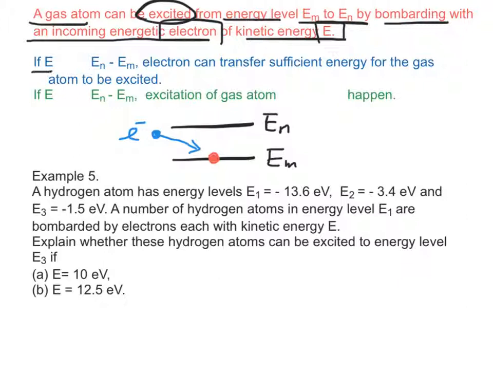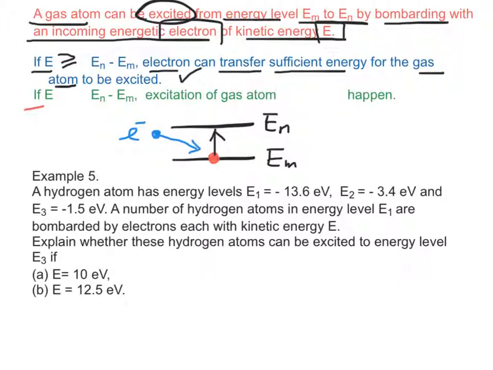if the kinetic energy of the electron is greater than or equal to En minus Em, then the electron can transfer sufficient energy for the gas atom to be excited. That means excitation is possible.